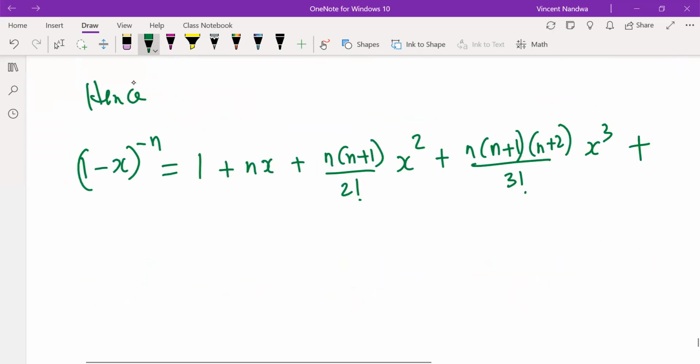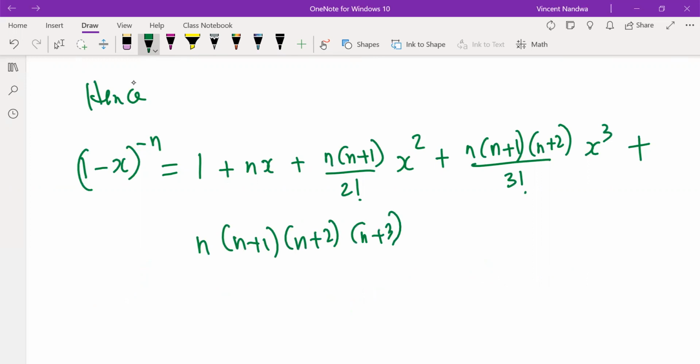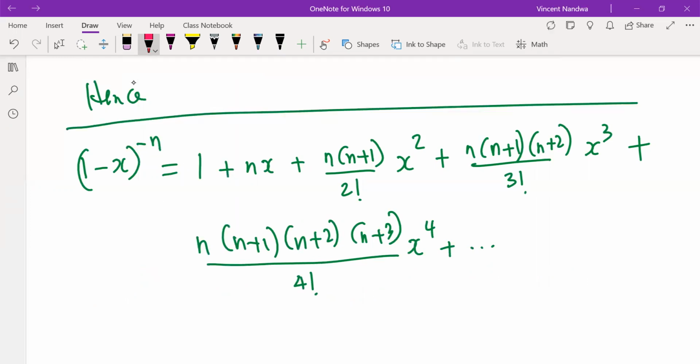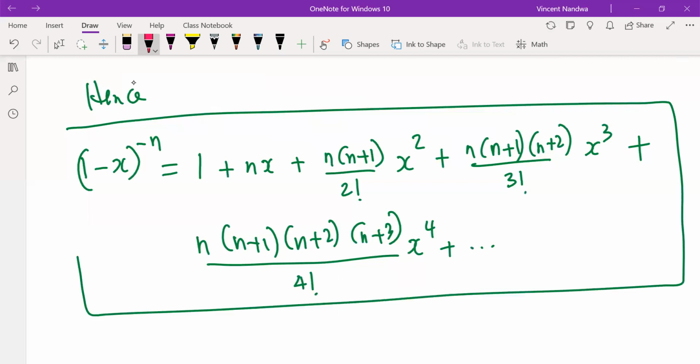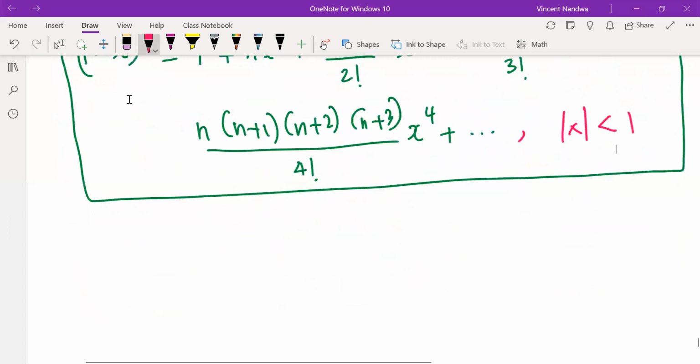The next term will be n into n plus 1, n plus 2, n plus 3 over 4 factorial x power 4 plus several other terms. Remember, the condition still remains that the magnitude of x must always be less than 1. With that in mind, several other formulas can be generated from formula 1.